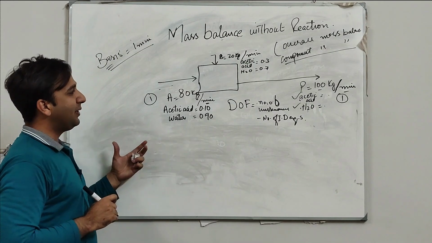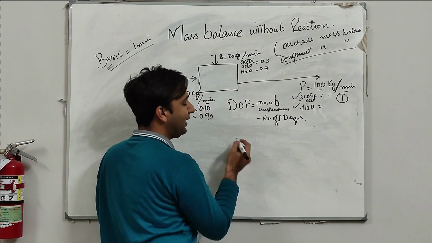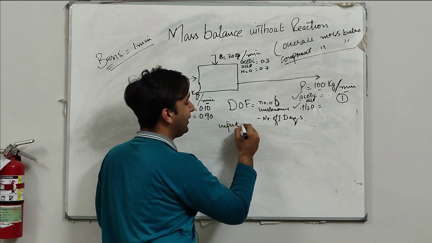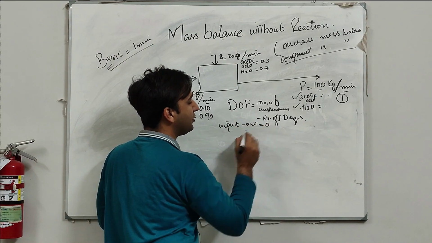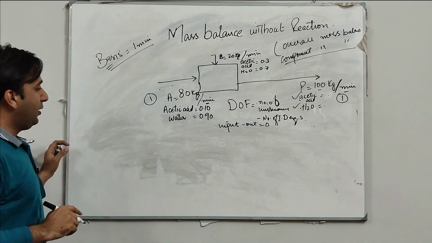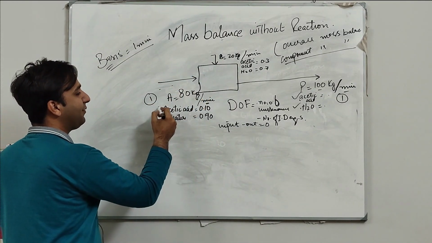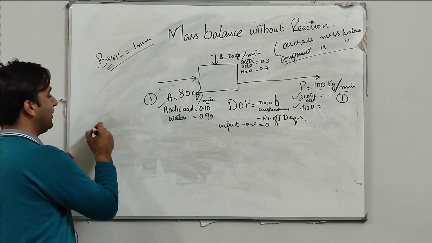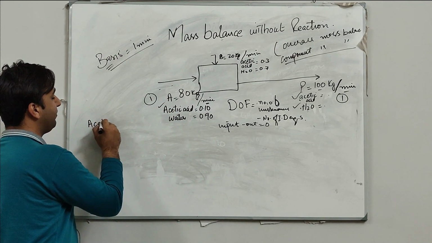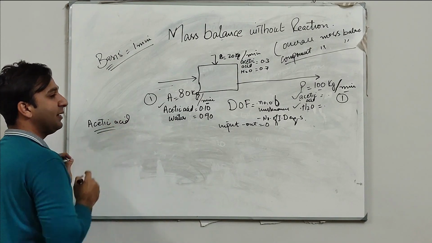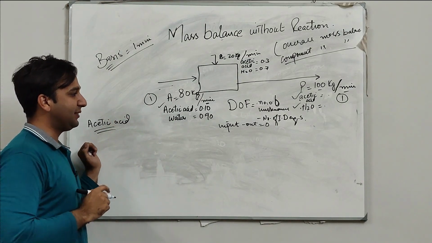The component mass balance will again be applied on the same mass balance equation, that was input minus output is equal to 0. So now for component mass balance, we will have to take individual components for applying their mass balance. So I am applying the component mass balance for acetic acid.